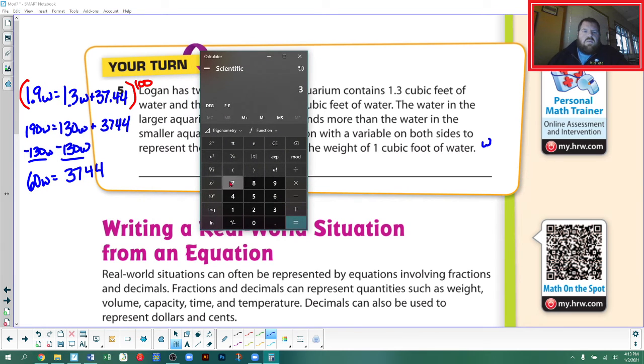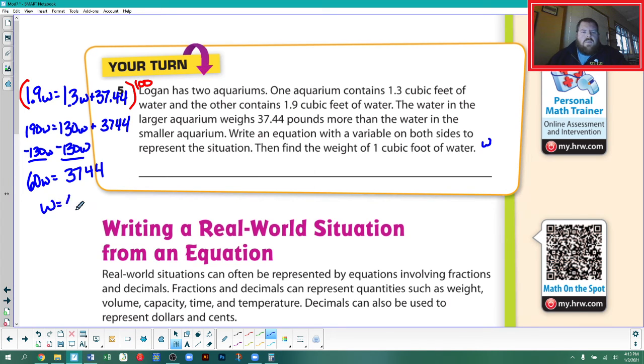So if we go 3,744 divided by 60, we get that W is 62.4. So 1 cubic foot is 62.4 pounds.